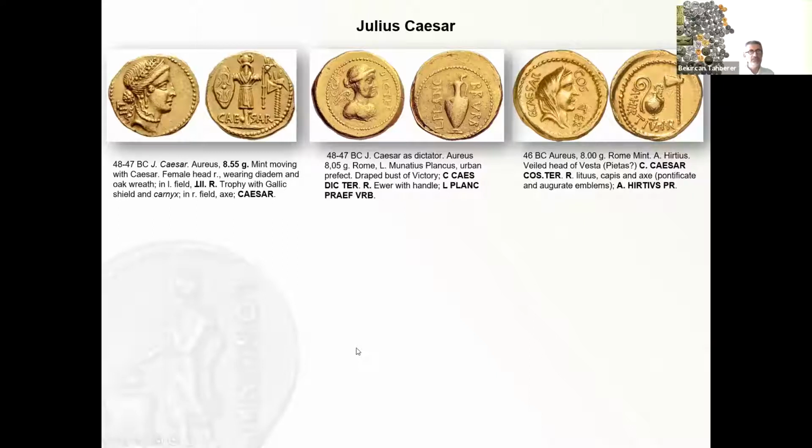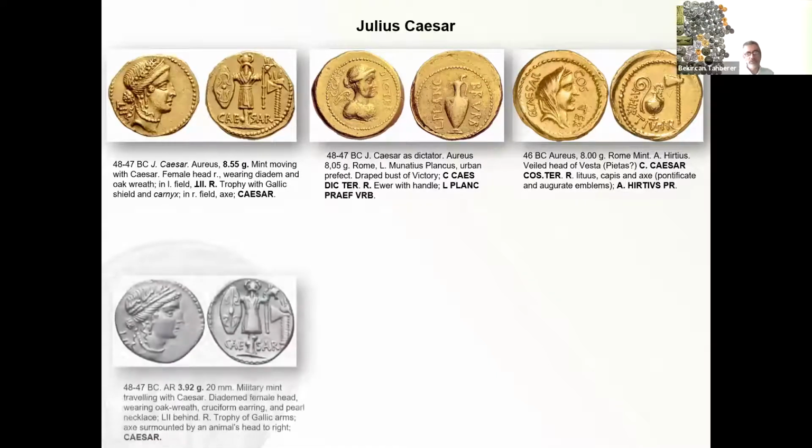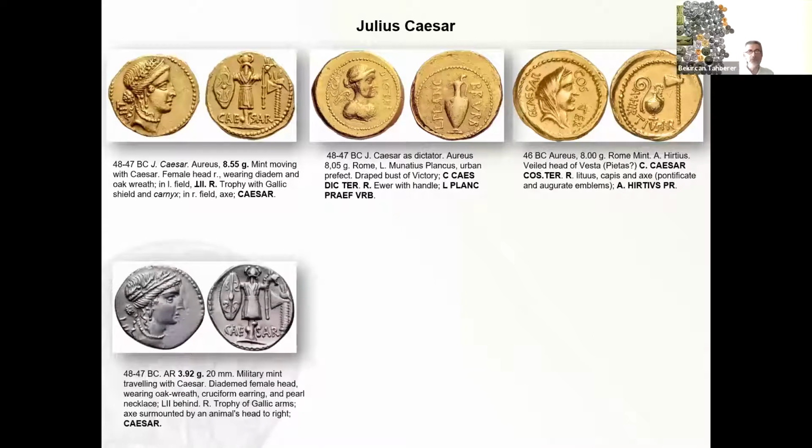And as he became stronger militarily and monetarily, his ambitions grew, and he picked a war with the Roman Senate, with certain people, of course, but with the Roman Senate.